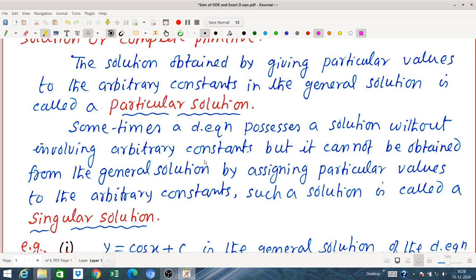Sometimes a differential equation possesses a solution without arbitrary constants, but it cannot be obtained from the general solution by giving particular values to the arbitrary constants. Such a solution is called a singular solution.